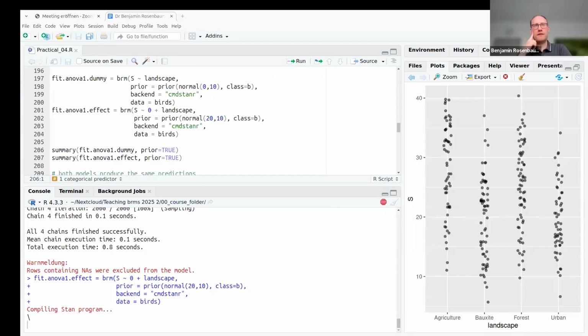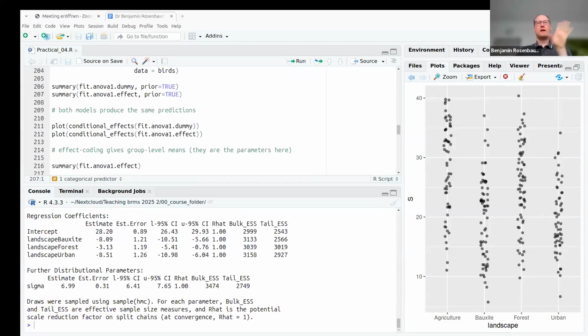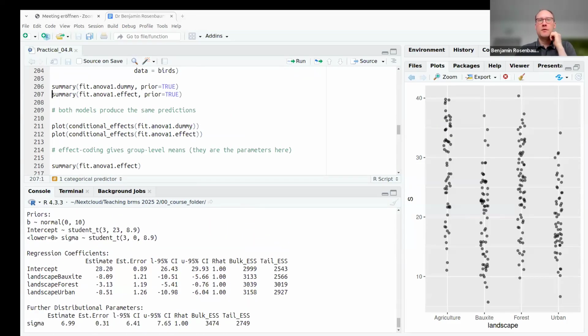However, I think this difference is very, very marginal. So technically, both of these models should give you almost the same results. Okay, I'm skipping the looking at the model output. I'm just seeing that the R hat values are all good.